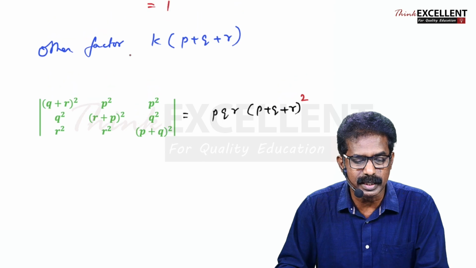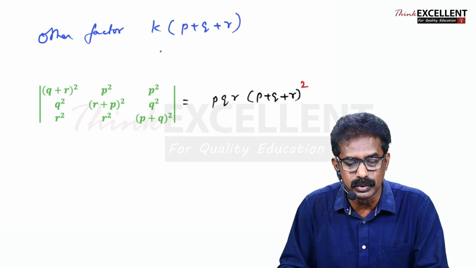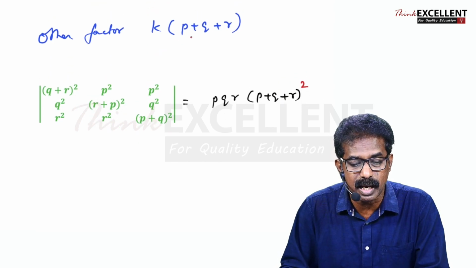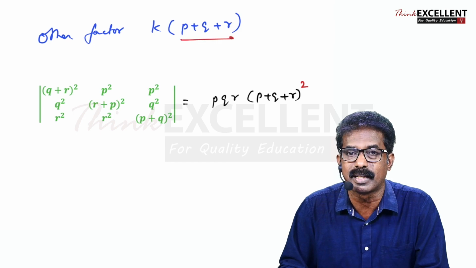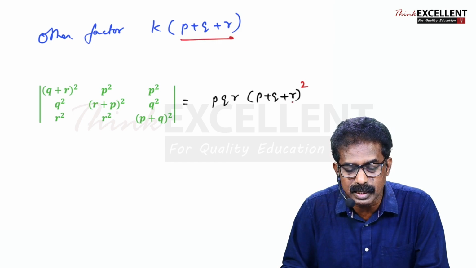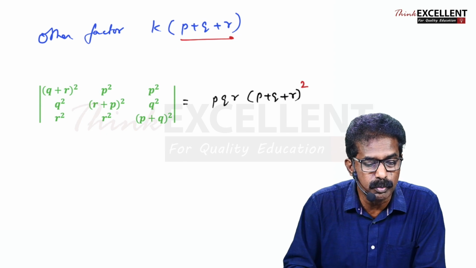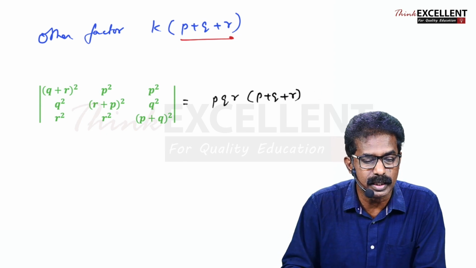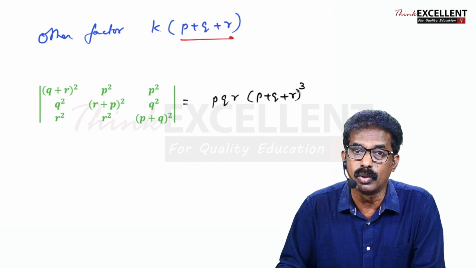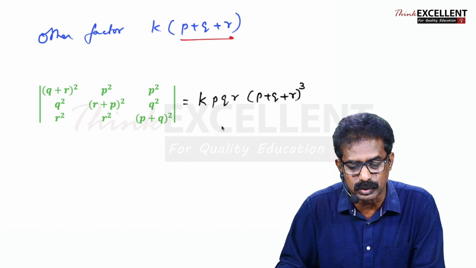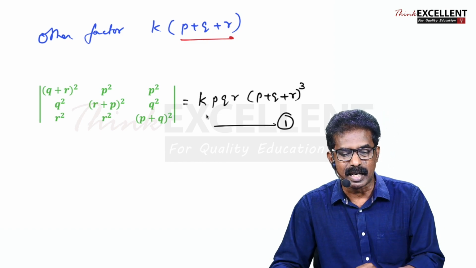But now what you are getting, the other factor is k into P plus Q plus R. So one more P plus Q plus R. Already here P plus Q plus R square. Now this one more P plus Q plus R, together P plus Q plus R the whole cube, and we have a k also.